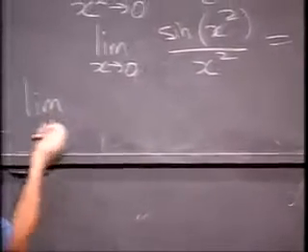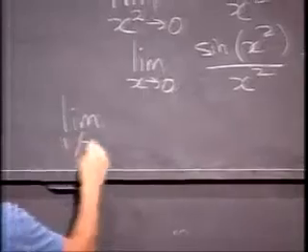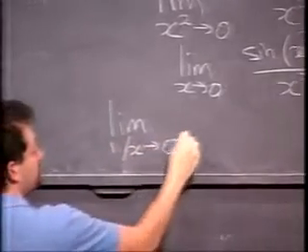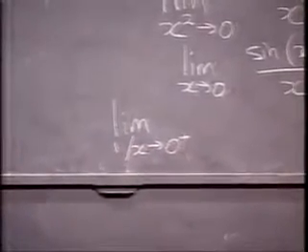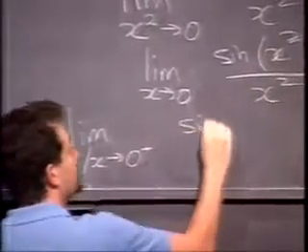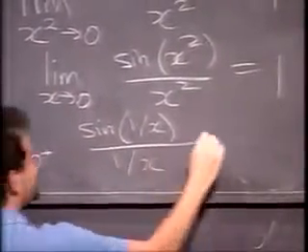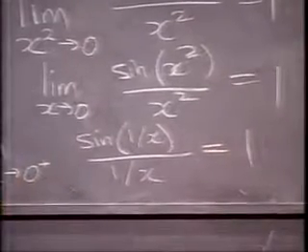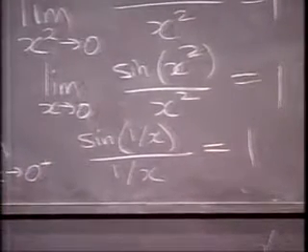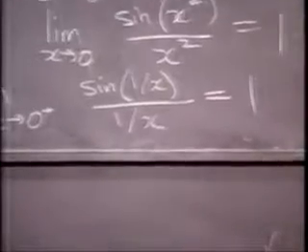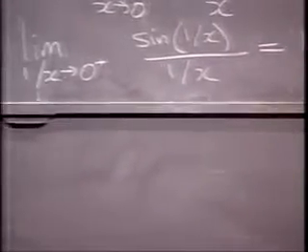The limit as 1 over x goes to 0, say plus, I'll just put the plus for the moment to avoid a technicality, of sine 1 over x divided by 1 over x is 1.